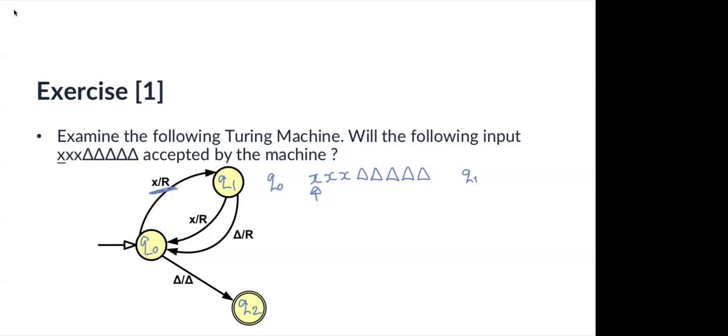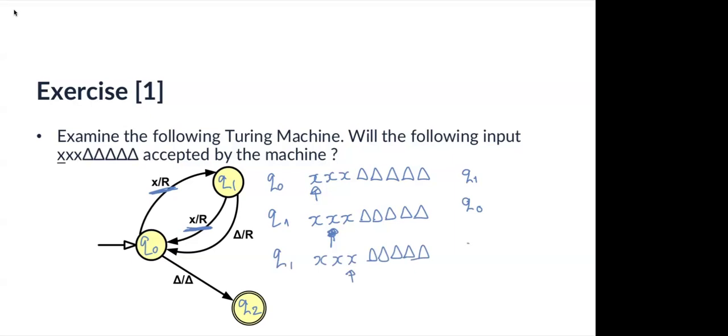And then in Q1, what we have in the input tape will be this. The input tape will be the same, but the tape head moves to the right. Here from Q1, because we read X, we will go to this transition. It means we will go to Q0 and the tape head will move to the right again.